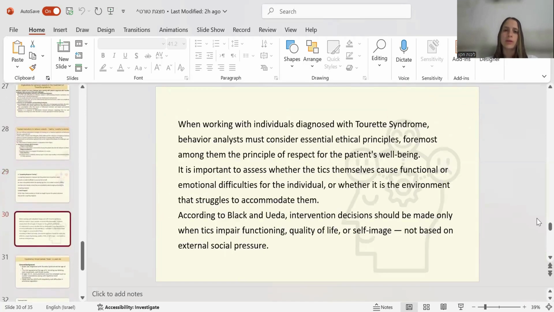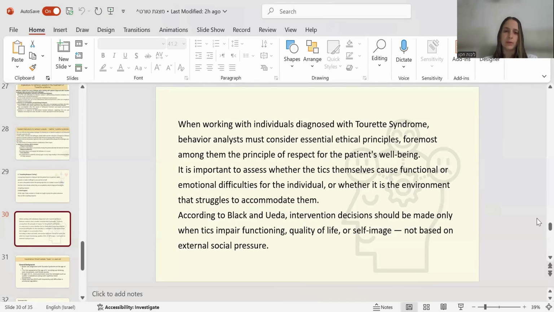When working with individuals diagnosed with Tourette syndrome, behavior analysts must consider essential ethical principles. Foremost among them is the principle of respect for the patient's well-being. It is important to assess whether the tics themselves cause functional or emotional difficulties for the individual, or whether it is the environment that struggles to accommodate them.